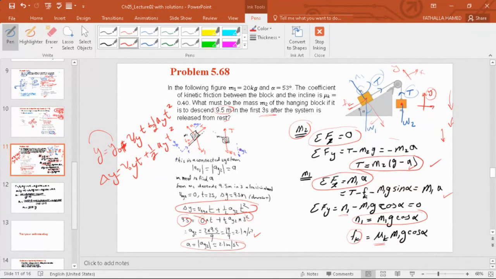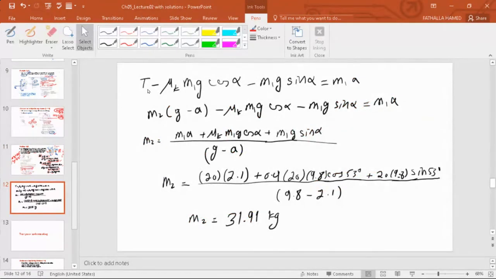Now you can put the Fk here. So you'll have T minus mu k m1g cosine alpha minus m1g sine alpha equals m1a.